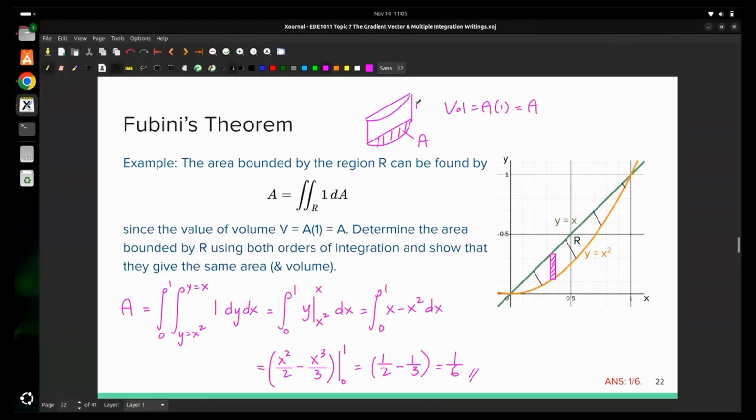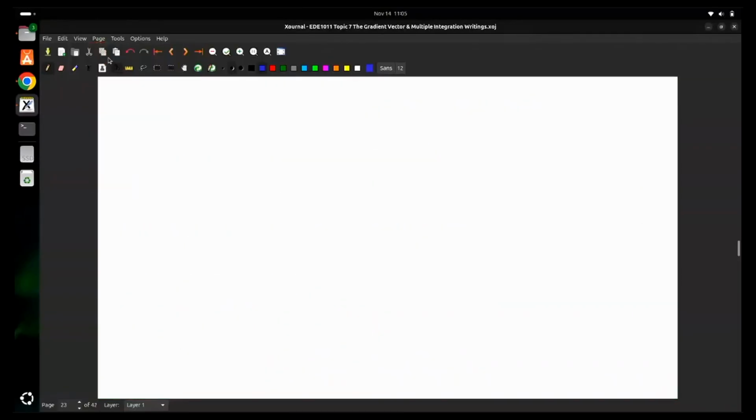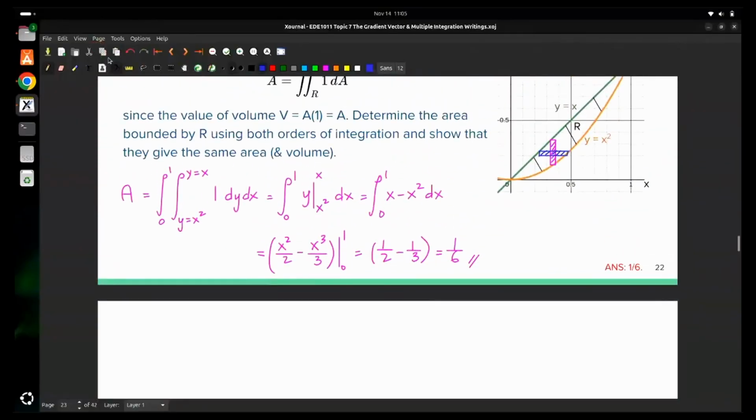Okay, so then what if I were to integrate with respect to x first? That means I use the horizontal element, so I use the blue element here. What will be the result? The result is certainly going to be also 1 over 6. So the area is the double integral of 1, now I do dx first, then dy.